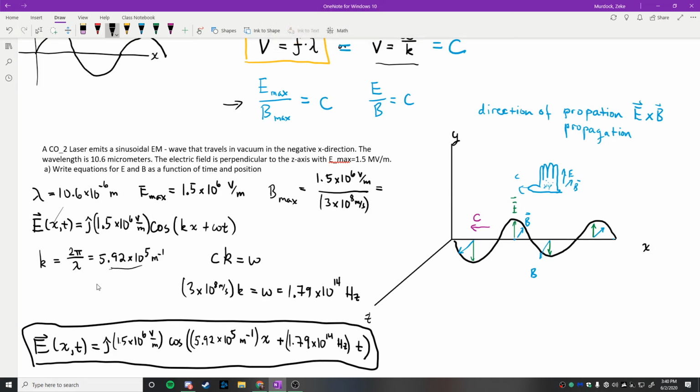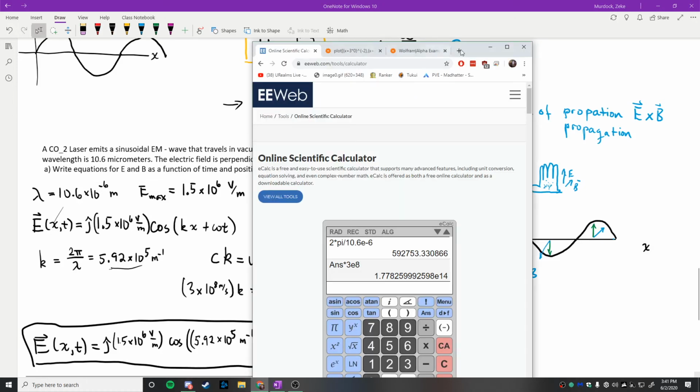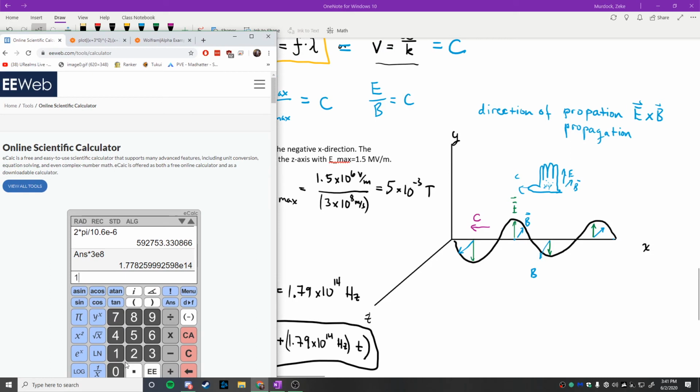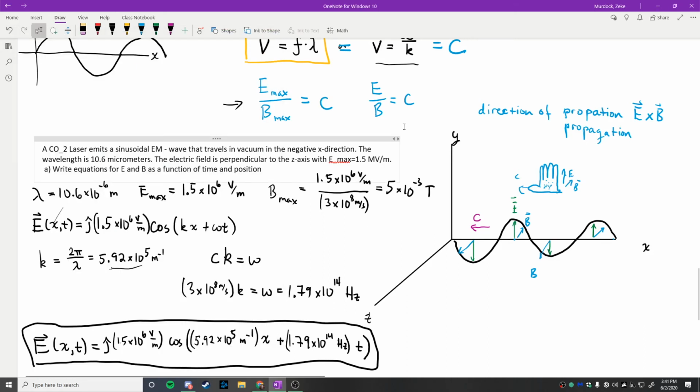And that is going to be equal to, it's pretty easy to do actually, because 1.5 divided by 3 is 0.5, and then 6 over 8 is negative 2, so it's going to be 5 times 10 to the negative 3, I think. Just check real quick with the calculator. Yeah, 0.005 or 5 times 10 to the negative 3.